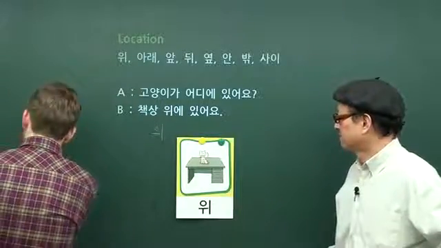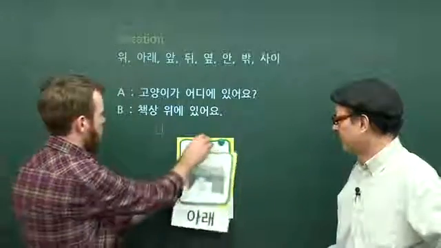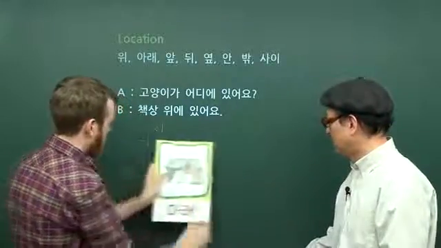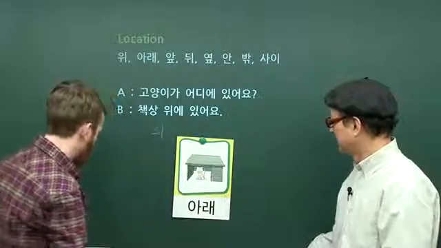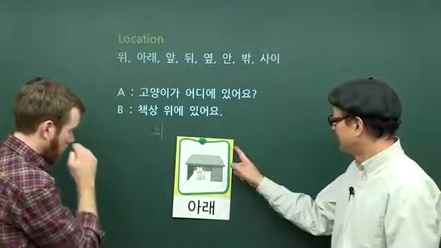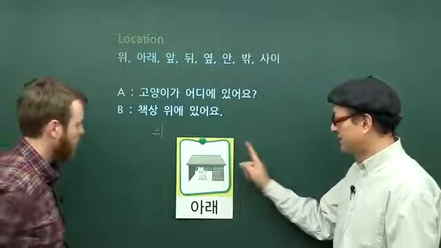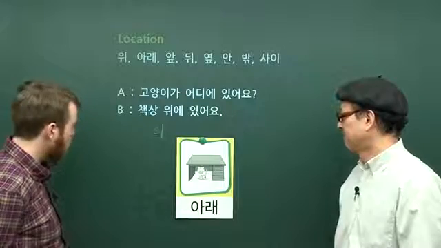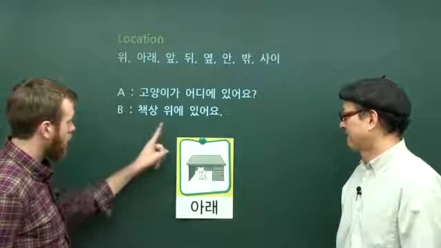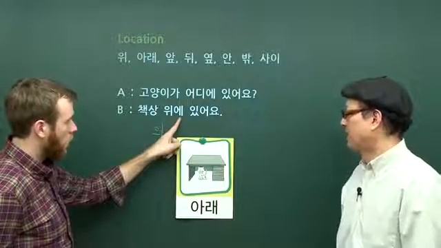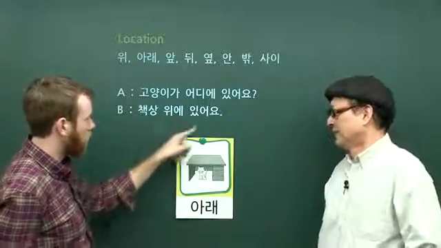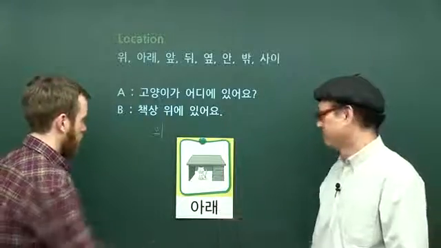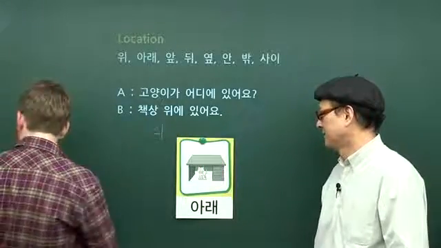Okay, in the next case, our cat is no longer on the desk. 책상 아래에 있어요. So it seems to me the only thing that has changed is our location word. Instead of saying 위에 있어요, 아래에 있어요. Okay, so we keep going?